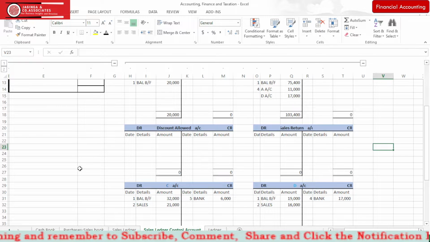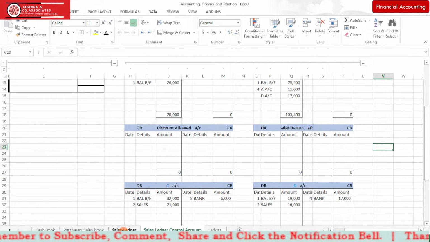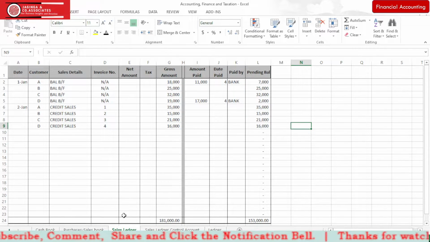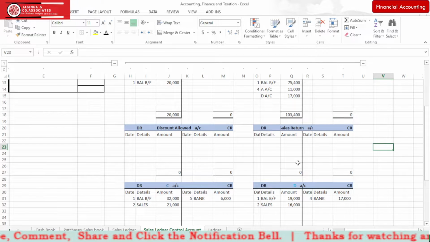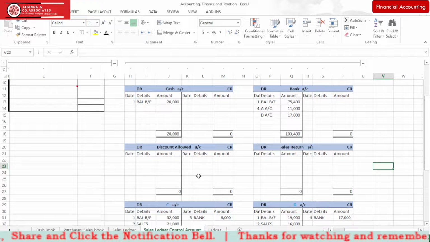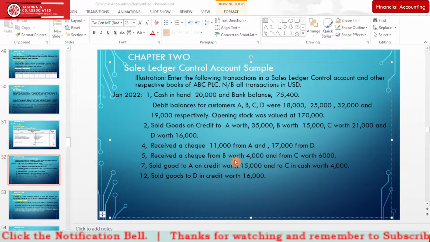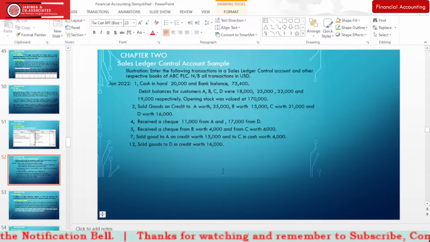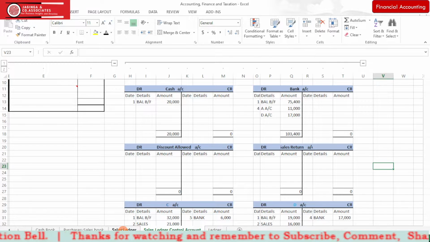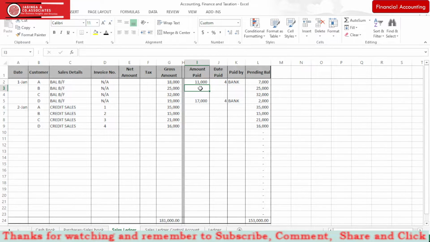And then the same amount we need to enter into our sales ledger. So on 5th we received 4,000 from B and 6,000 from C. So in our sales ledger here, we'll write B, we received 4,000.